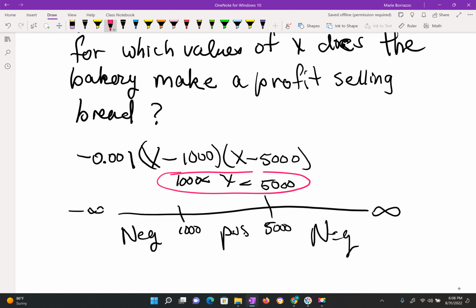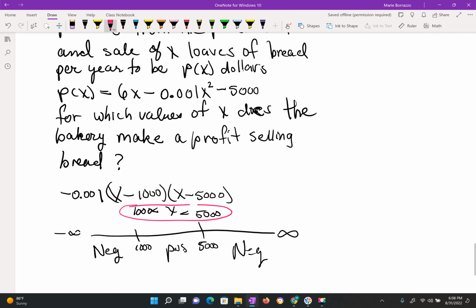Is that what you got? Remember, you're taking out 1,000, so you're increasing the middle term by 1,000, which means you have to do the same thing to the last term.